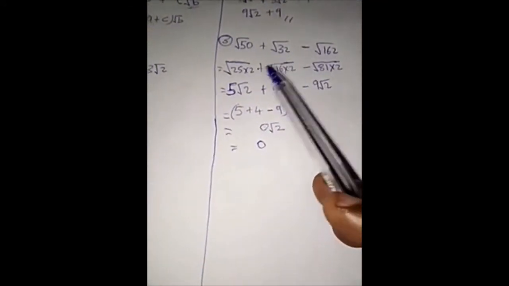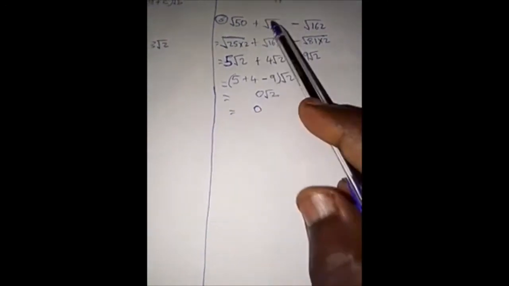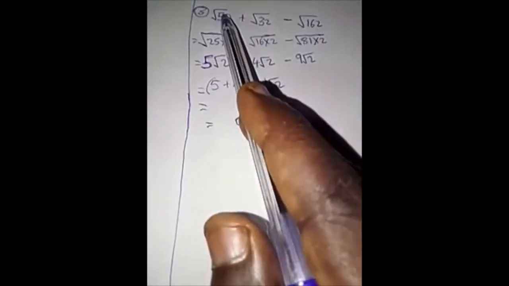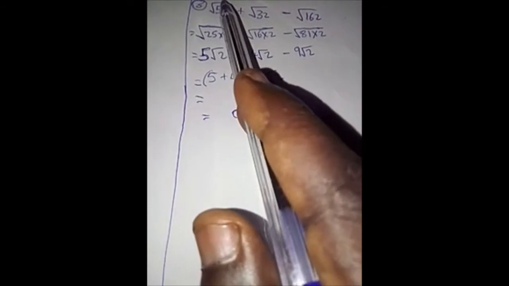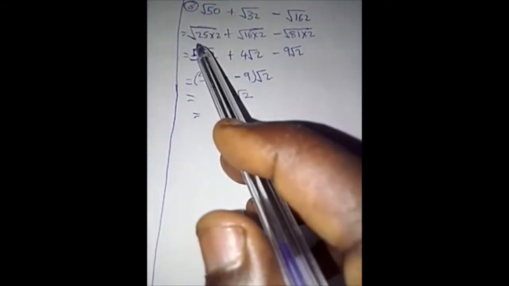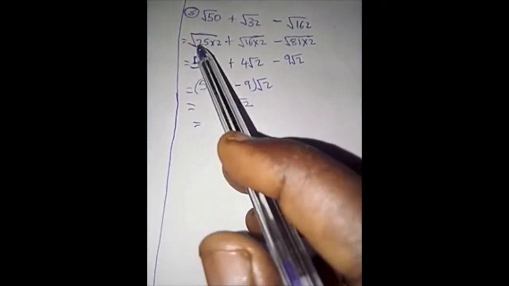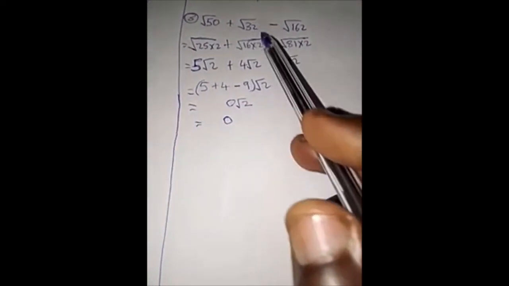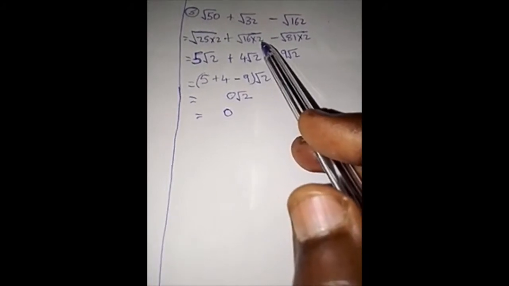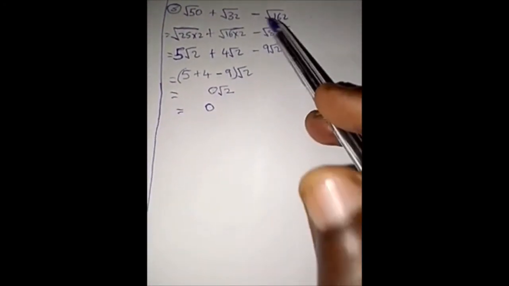Okay, so that's it. We are having root of 50 plus root of 132 minus root of 152. We first break this into 2, in which one of the factors needs to be a perfect square, and hence we had 25 times root 2 plus, and for the 32 we equate it to 16 times 2, in which 16 is a perfect square, minus 162, we split it into 81 times 2.